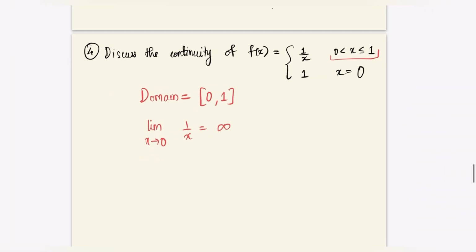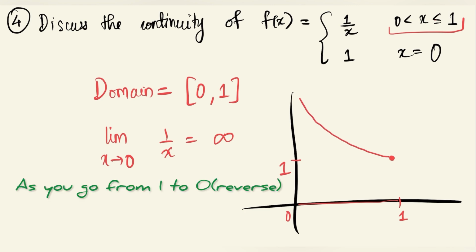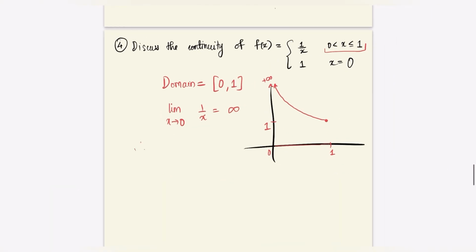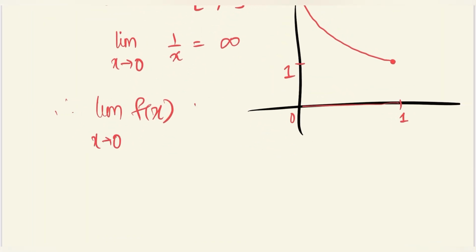If I try to draw the graph of this function, it would look something like this. So the domain here is 0 up to 1, and the function's graph starts at x equal to 1, because it is 1 by 1 at x equal to 1, and then it starts shooting up towards positive infinity, and hence the limit does not exist. So you say that the limit of f(x) as x tends to the origin does not exist.